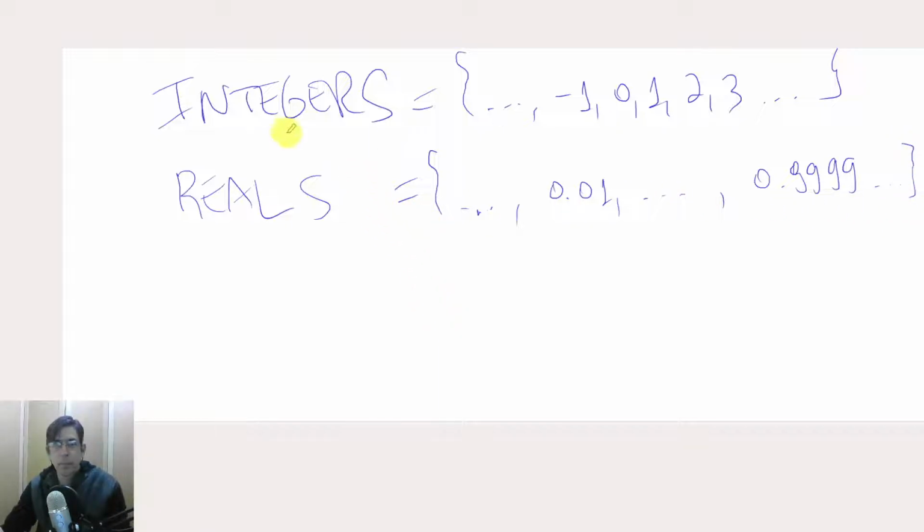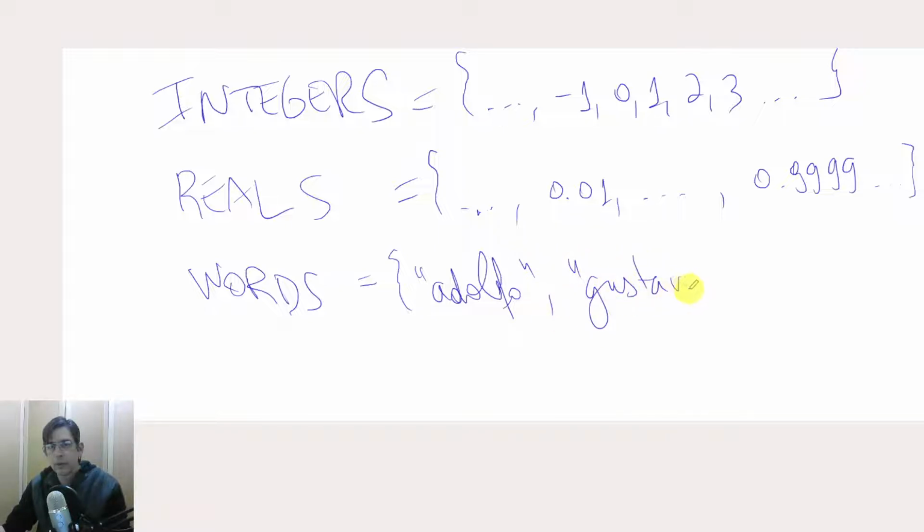And I could have also a type called words, which contain all possible words using characters. You see, this set is infinite. All those sets are infinite.